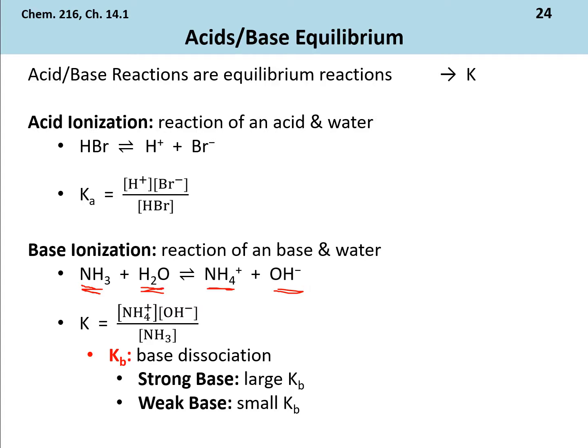In base ionization, we can then write a K: NH4+ times OH- over NH3. This we call Kb, b standing for base. The stronger the base, the larger Kb is, the more OH- you form. The weaker the base, the smaller the Kb.